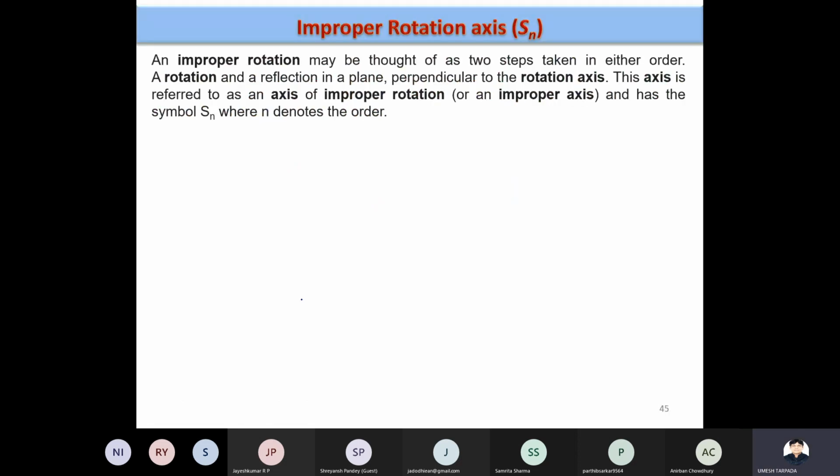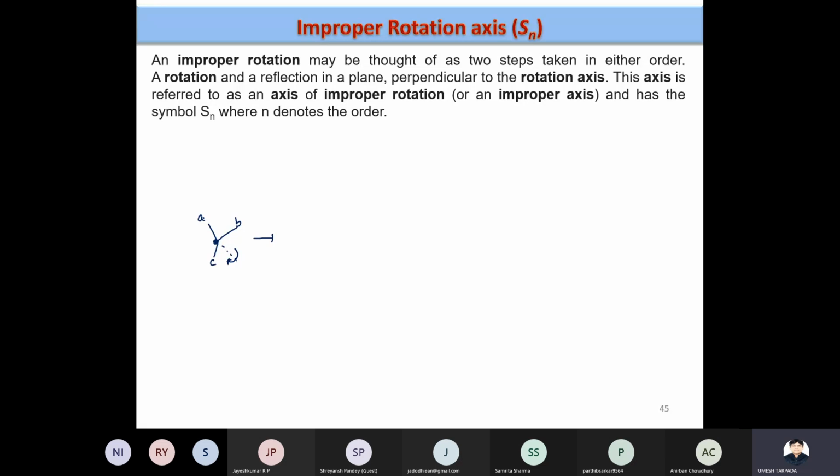Now the last symmetry element is the improper rotation axis. What is the difference between proper and improper? Whatever Cn axis we have seen is a proper rotation, and improper means it is not a direct rotation. Generally, suppose you have ABC. If you do its rotation about any axis, then the order cannot be changed.